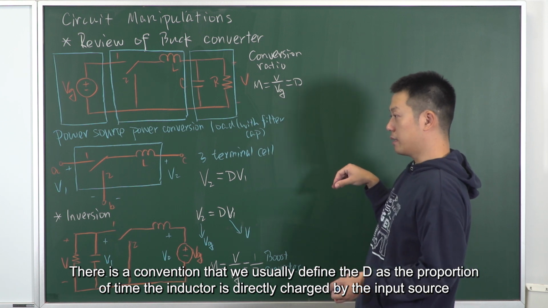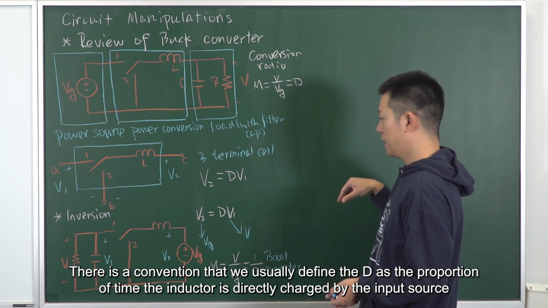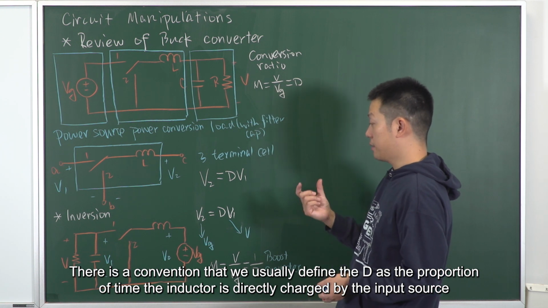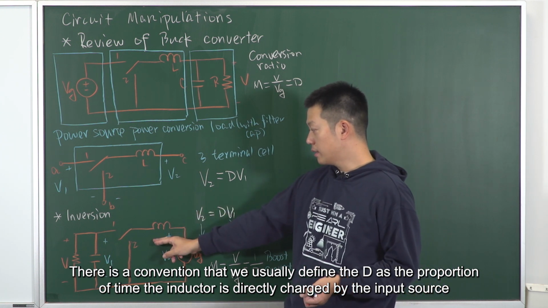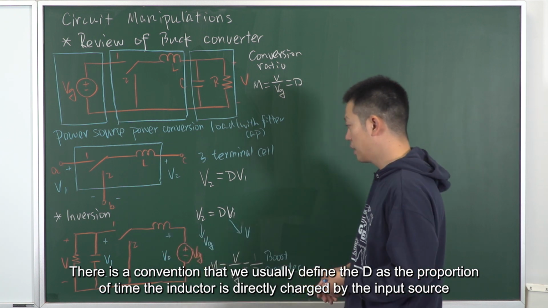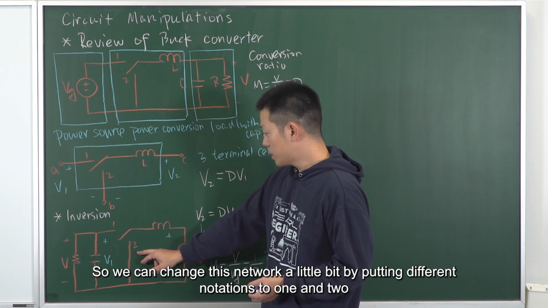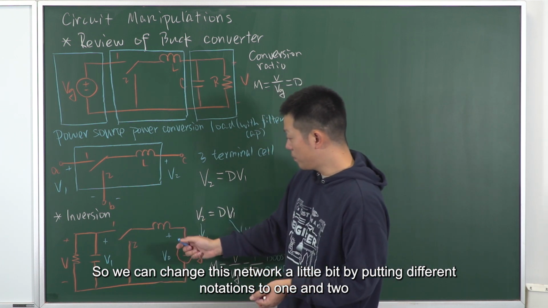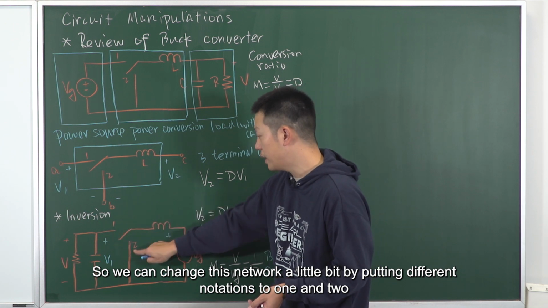There is a convention that we usually define D as the proportion of time the inductor is directly charged by the input source. So we can change this network a little bit by putting different notations to 1 and 2.